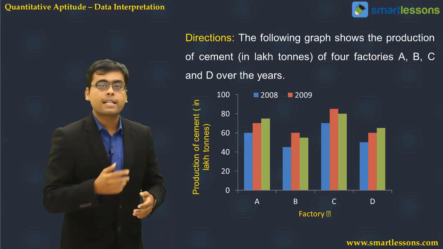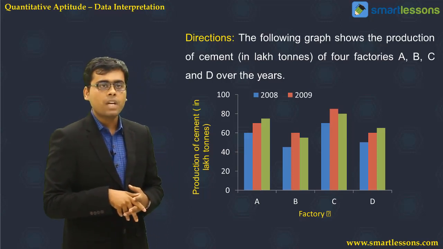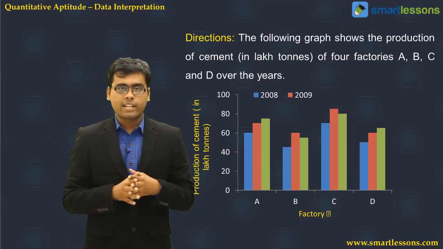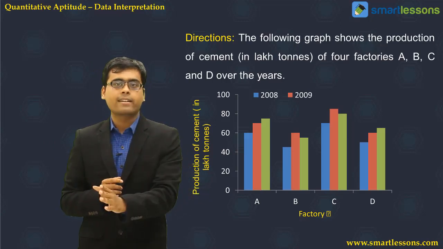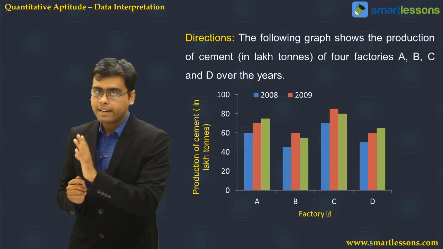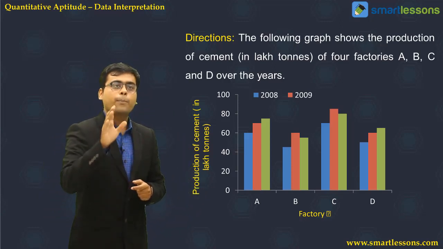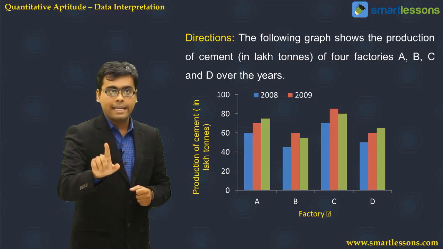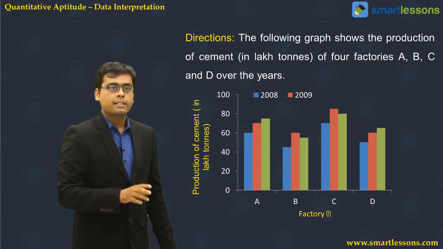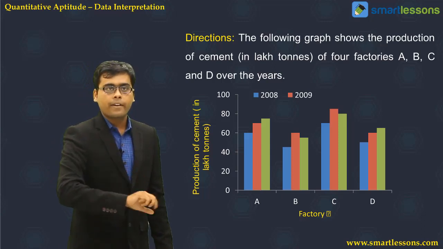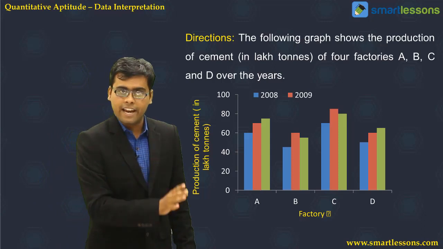This question came in SSC CPO in 2013. The horizontal axis represents 4 different factories A, B, C and D, and the vertical axis represents the production of cement in lakh tons, right? And you can see that the blue color bar represents the production in the year 2008.